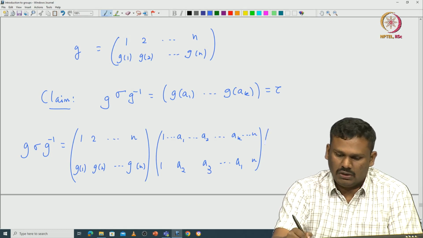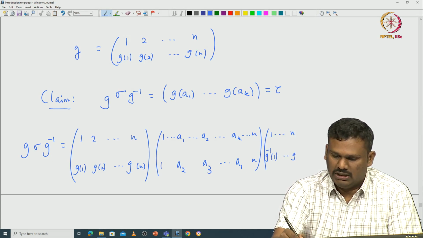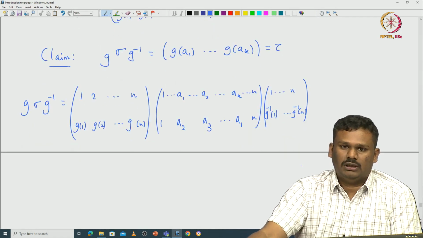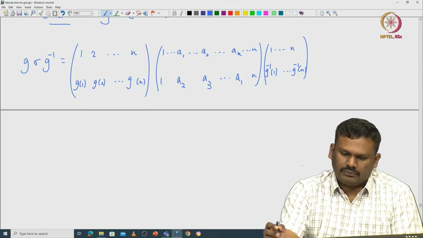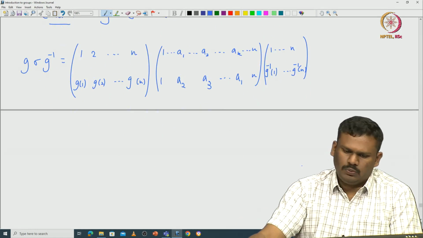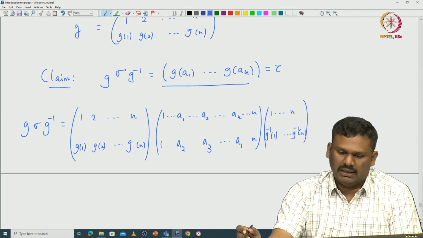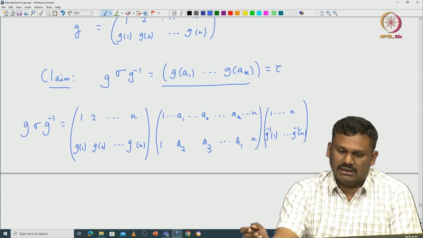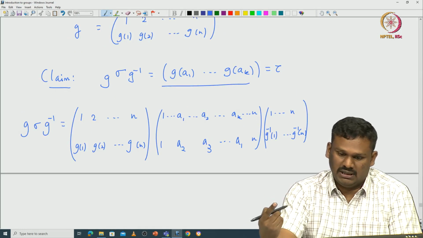Now here you have the inverse of this, g inverse of 1 etc., g inverse of n. Now we want to compute what will happen to the product of these elements. We want to prove that this is exactly a cycle of length k given by these elements g of a1 etc. g of ak. So it cyclically permutes g of a1 etc. g of ak.